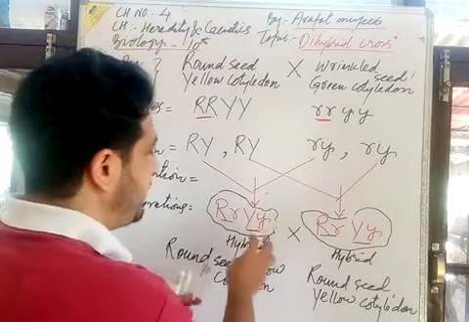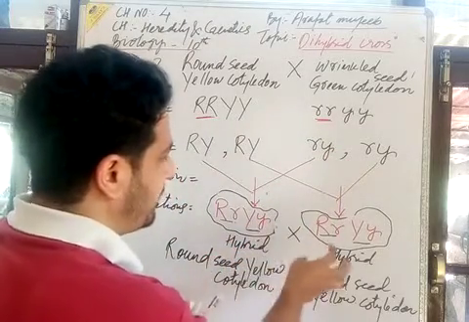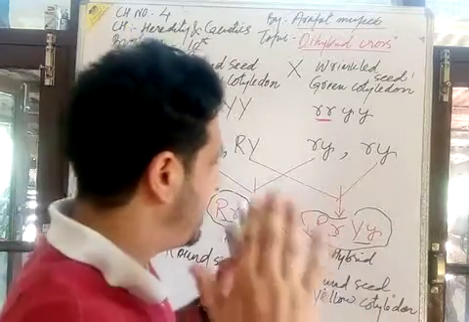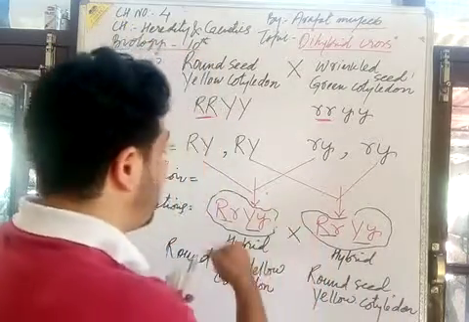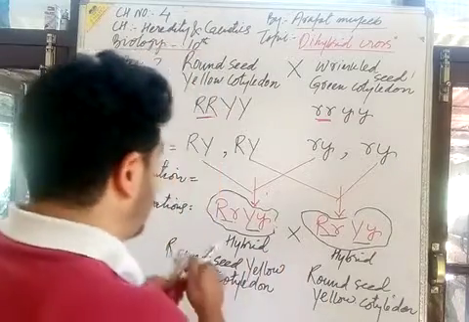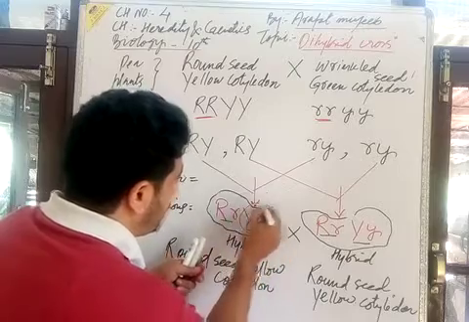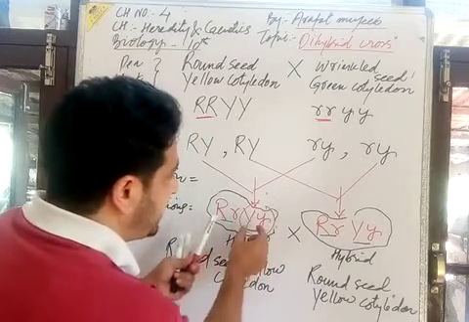And in the hybrid offspring in the first filial generation, they still maintain their characters although they are in combination with other factors. Look here, this capital Y is in recombination with this small y.